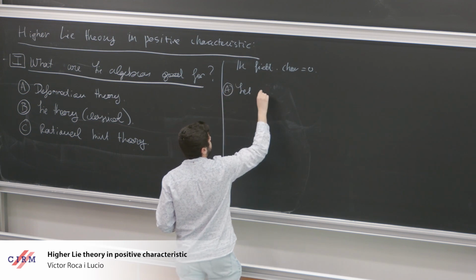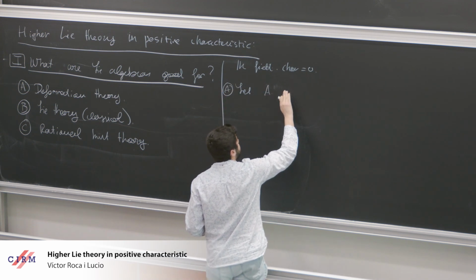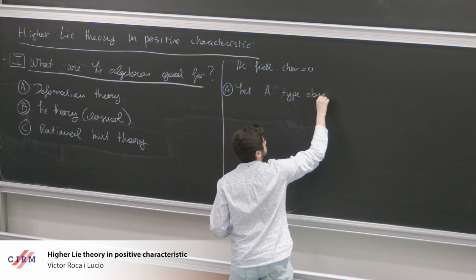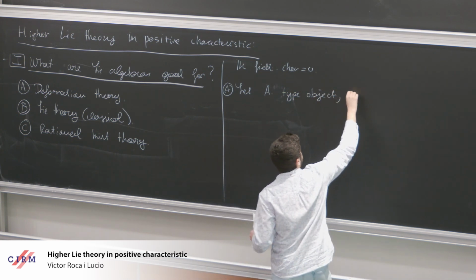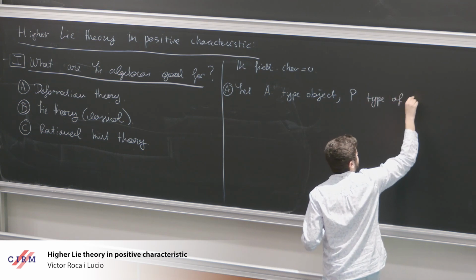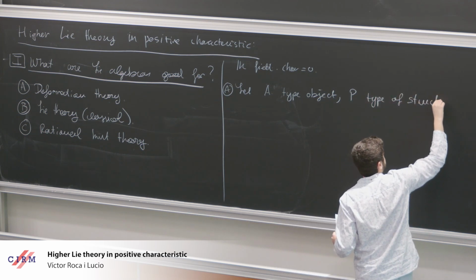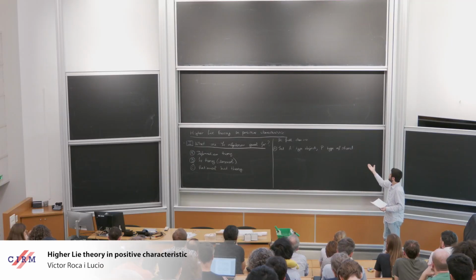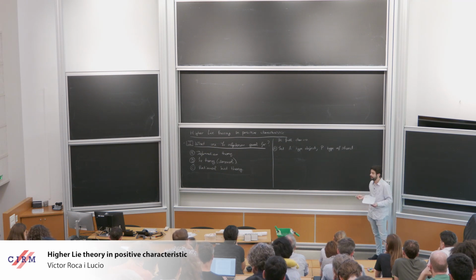Point A: let A be some type of object, and then P a type of structure. You may ask yourself, what are the structures of type P that I can put on A?